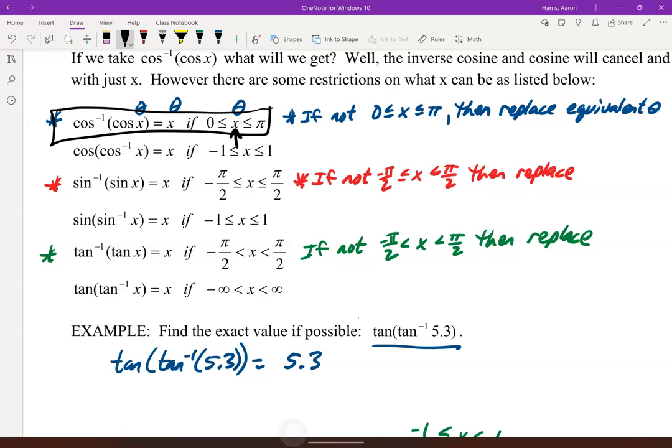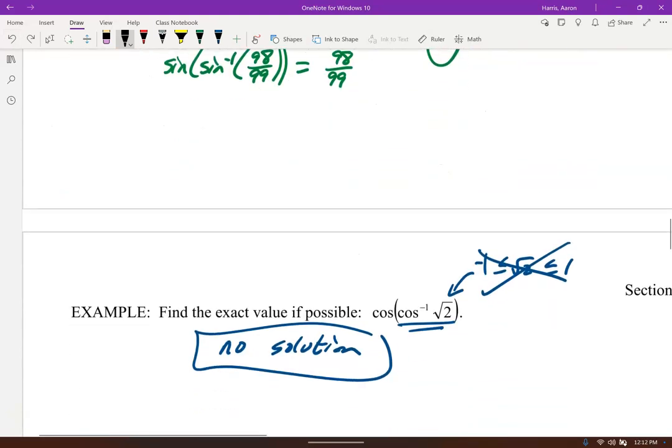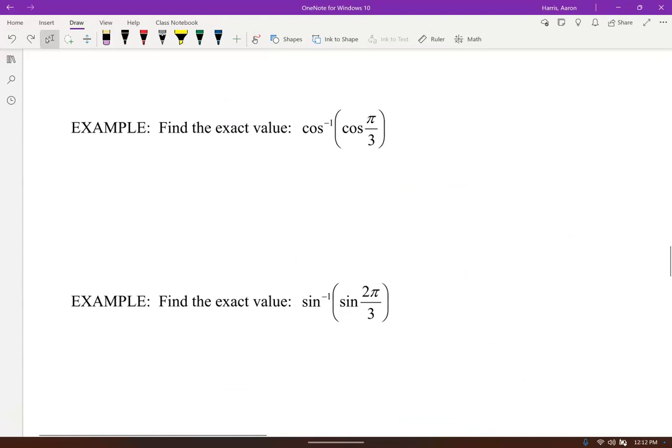If it is, no issues. And it is, right? Pi thirds is definitely less than pi. So that just is pi thirds. Not an issue at all. They just undo each other, and that's because it's in that interval, right?